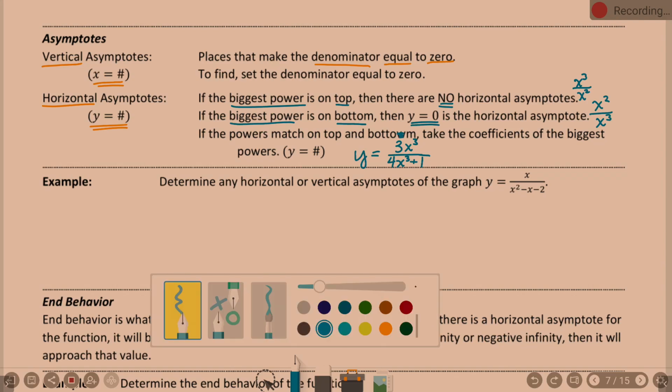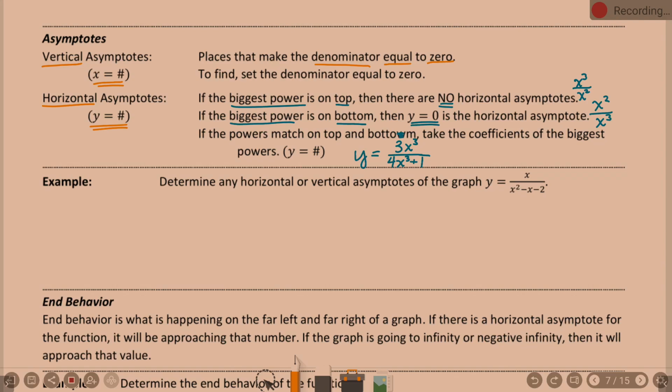You have x cubed and x cubed. Since the powers match, you use the coefficients, the numbers out front, the 3 and the 4. So that would be a horizontal asymptote of y equals 3/4. We did that in algebra. I'm not saying you remember it, but we did do it in algebra.